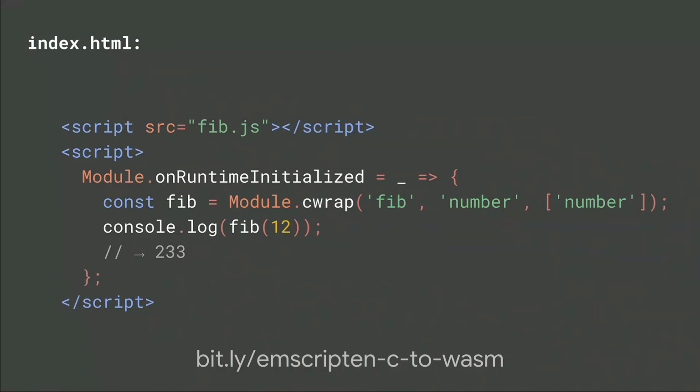This Module object comes with a function called cwrap, which will return a JavaScript function that allows us to call our compiled WebAssembly function while taking care of all of the input and output type conversion for us. And then we can actually just call that function directly. And if we pass in 12, we correctly see that we get back out 233.